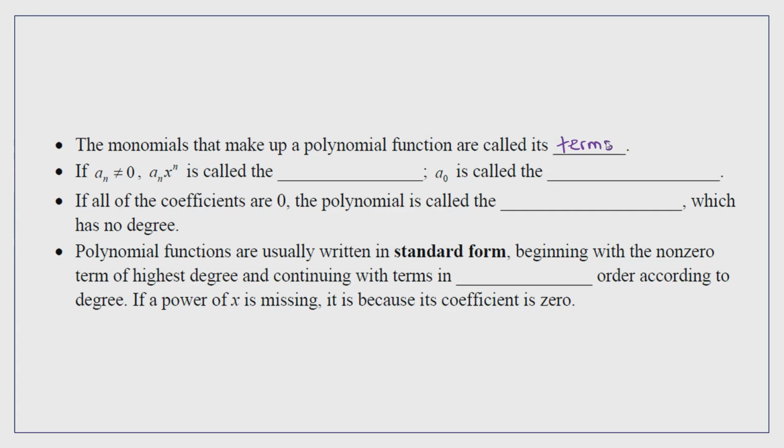If a sub n does not equal 0, a sub n x to the power n is called the leading term. A sub 0 is called the constant term.